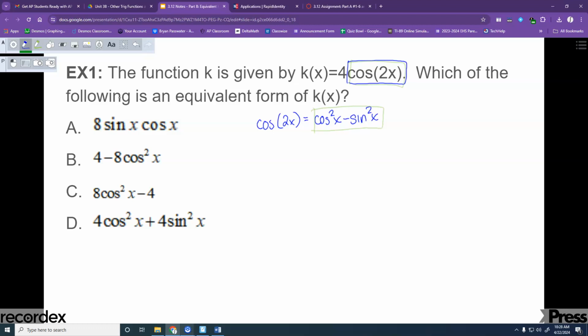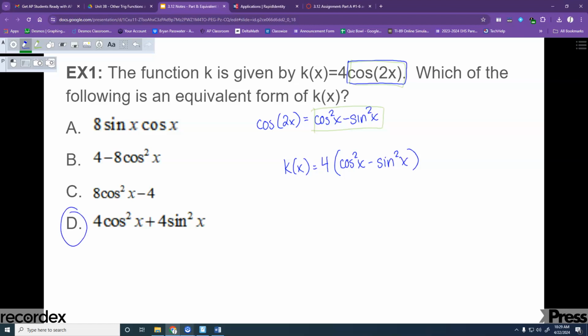When you do this, it is important that your k of x is going to equal, you need a set of parentheses right here, because you're replacing this with the whole thing: cosine squared x minus sine squared x. And then if we look at our answer choices, which one is going to be correct?